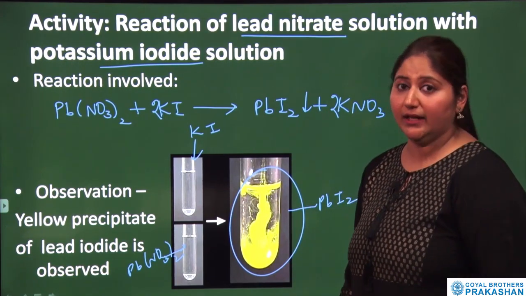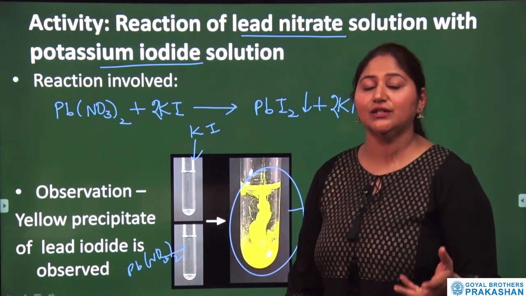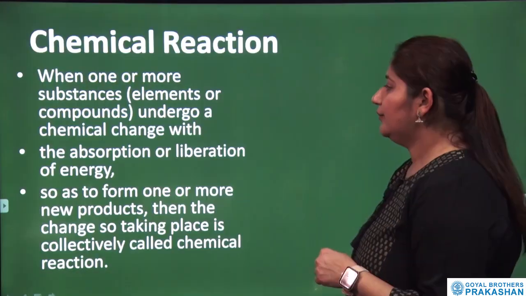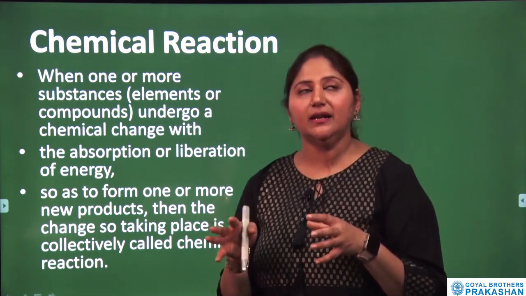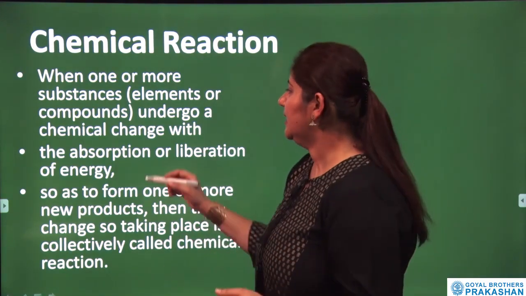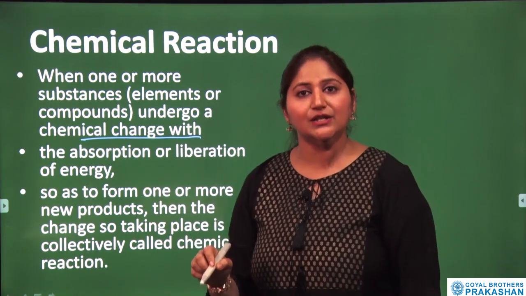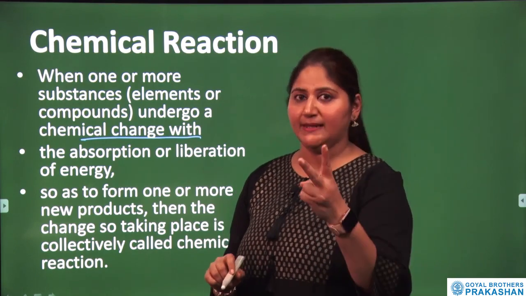Right? So there is a color change whenever a chemical reaction or chemical change is taking place. We observe that whenever a chemical reaction takes place, a new substance is formed. Am I right? There is a chemical change that occurs, and that chemical change actually involves 2 basic things.